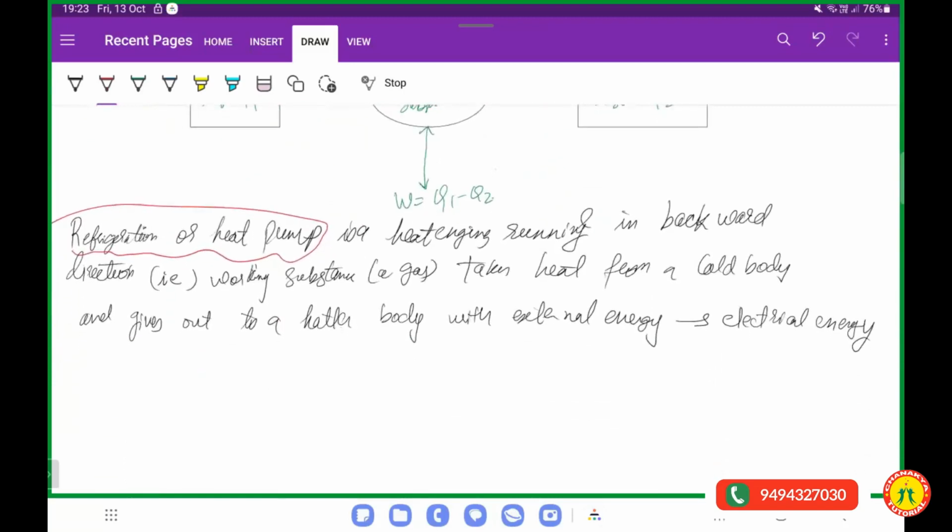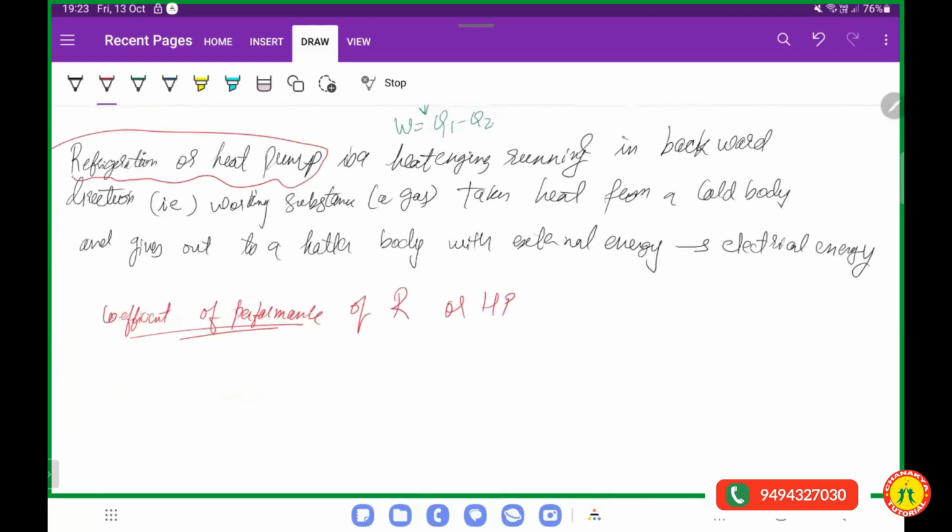So here we have the coefficient of performance of a refrigerator or heat pump. This is symbolized as beta.